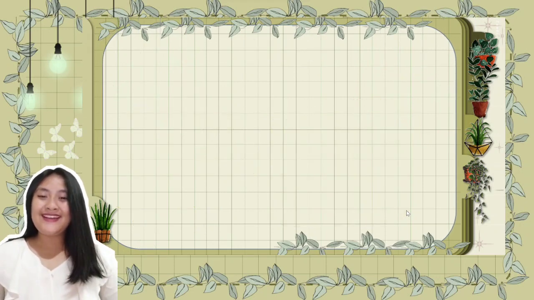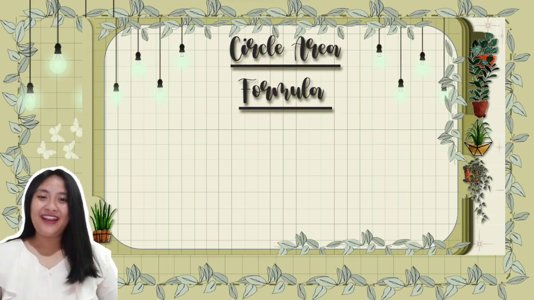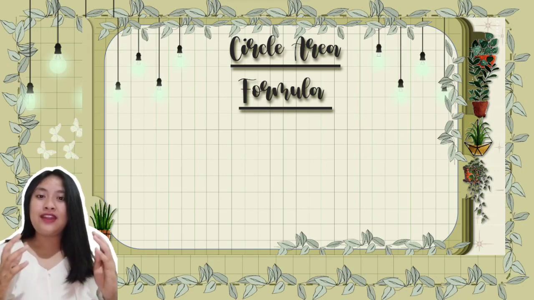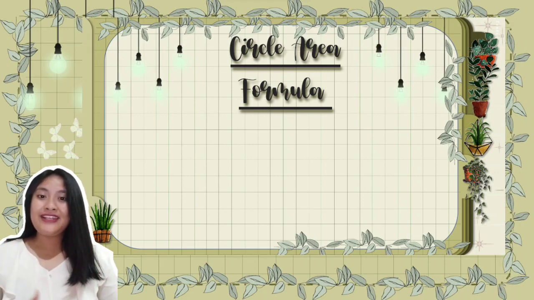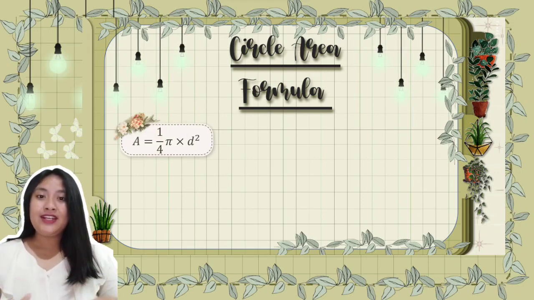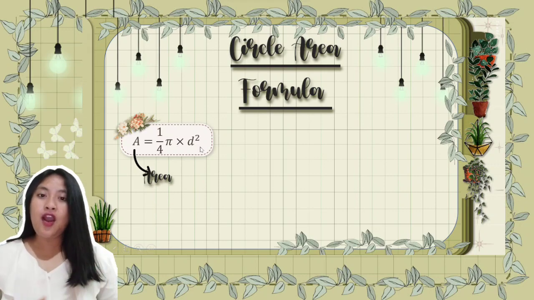Next, we will discuss the circle area formula. To find the area of the circle, we can use two formulas. If D is known, then the formula for the area of a circle is area equals 1/4 times pi times D squared, with A the area of the circle and D the diameter.